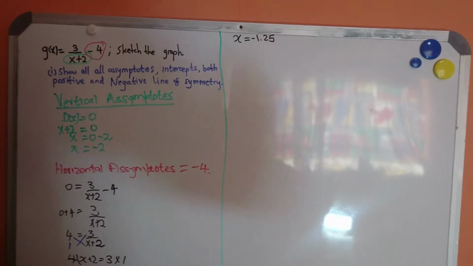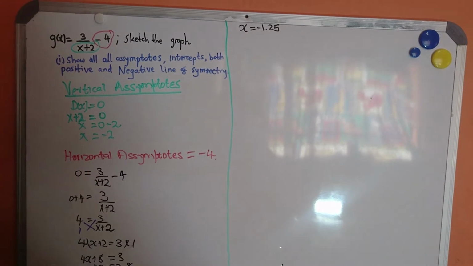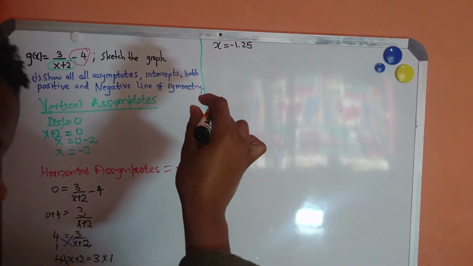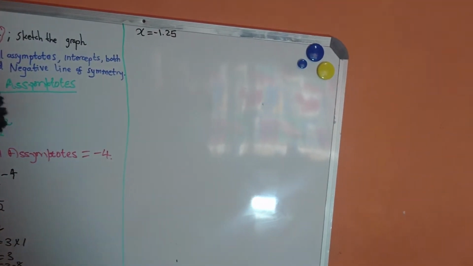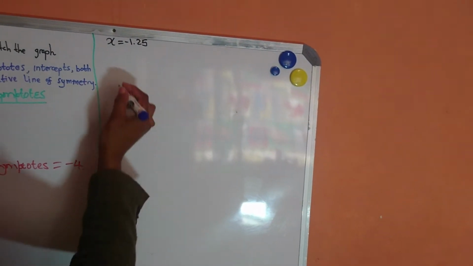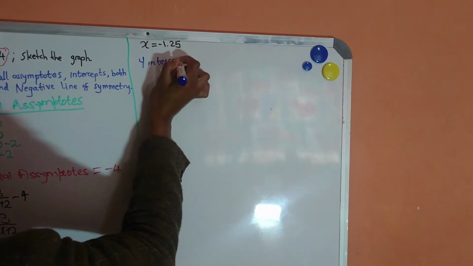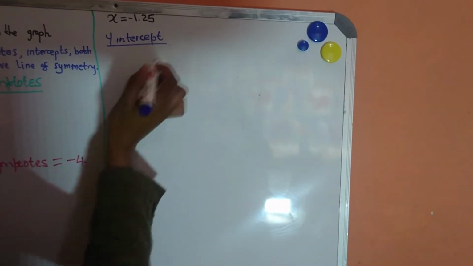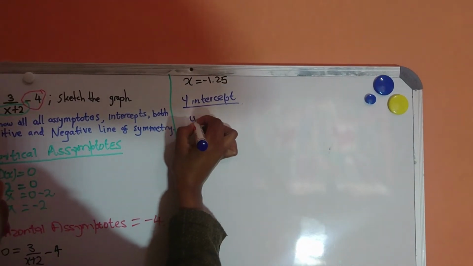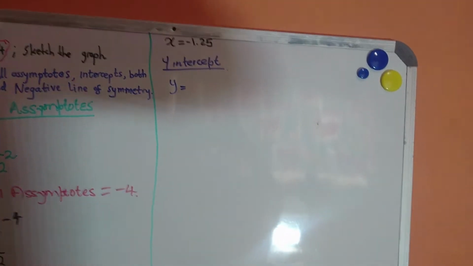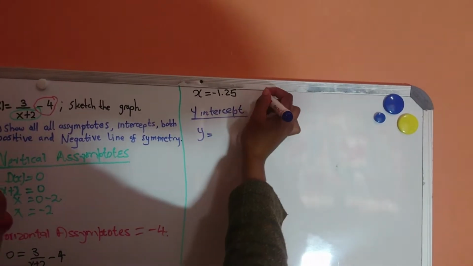About negative. It's the x-intercept, the 2. So we can select some color. Y-intercept. Such y-intercept is 2.